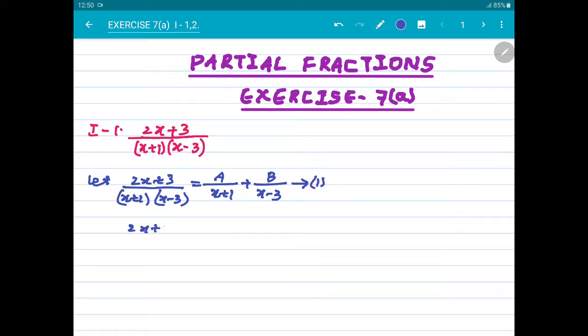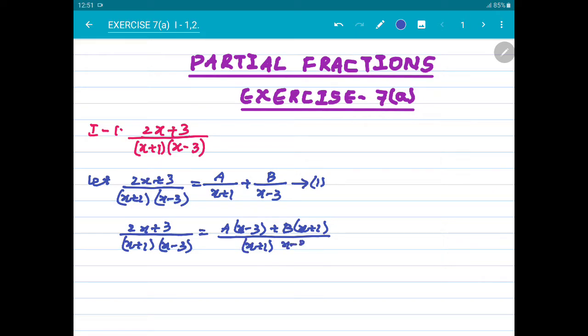Take the LCM in the RHS. So a times (x - 3) plus b times (x + 1), by (x + 1)(x - 3). The denominators are equal and get cancelled.